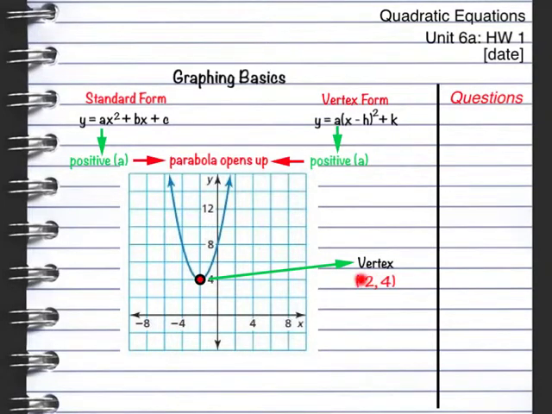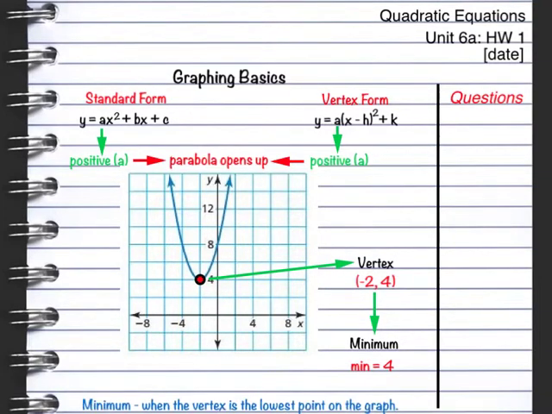And the point labeled negative 2, 4 is what's going to be known as a minimum. And our minimum value would be 4. So anytime you have a parabola that opens up, it's going to have a minimum point, or the lowest point on the graph, which is the vertex. And that's going to be related to the lowest y value, or 4. Take a moment, pause, copy before continuing on.